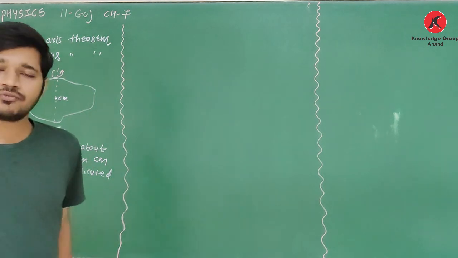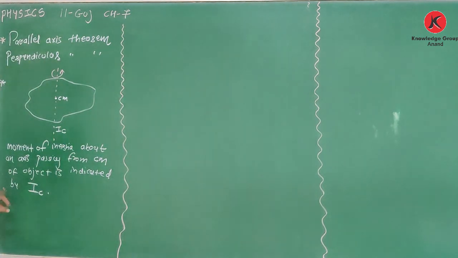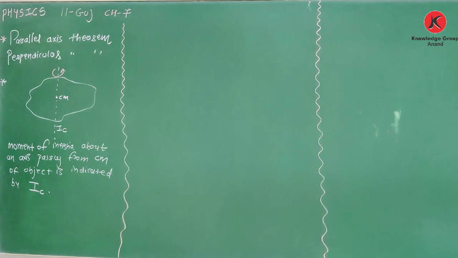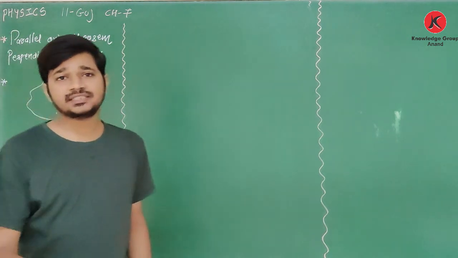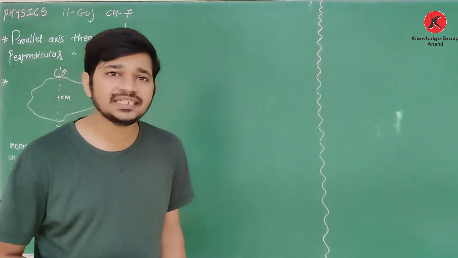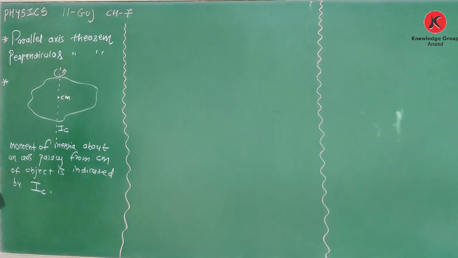C means center of mass. Clear? So what is IC? IC is the moment of inertia about an axis passing through the center of mass of the object. For symmetrical objects, the value of IC is fixed. Okay? Now we will see two theorems.